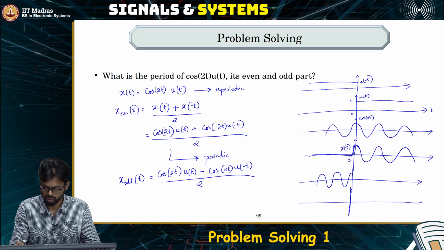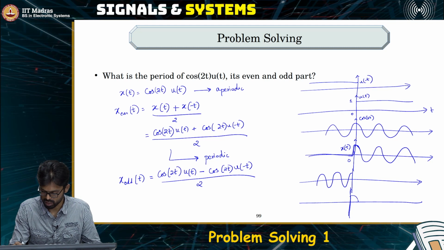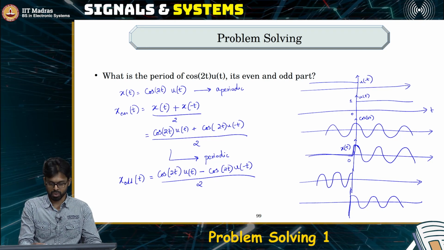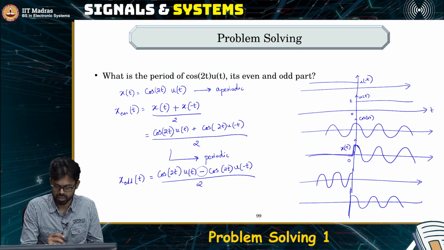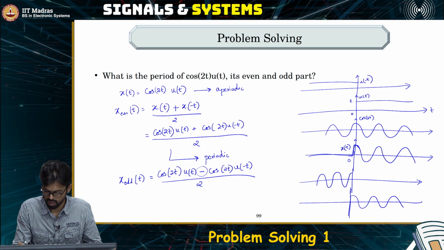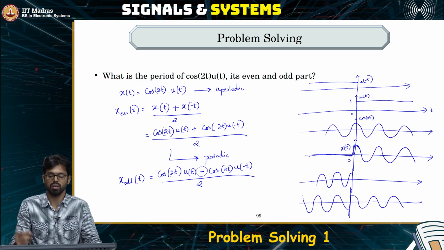So, the right hand side portion just remains as such, but the left hand side portion, because of this minus sign, flips sign here. It starts looking like this. Okay.